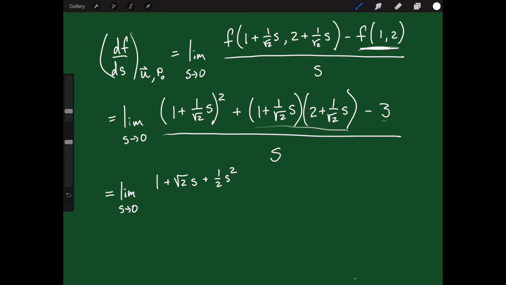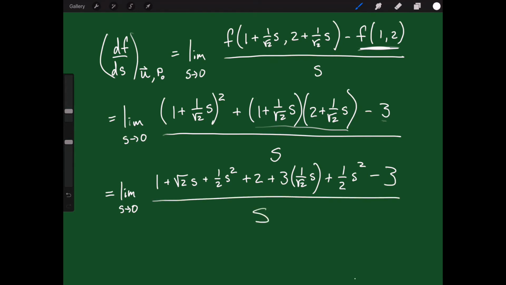I get 1 times 2, which is 2. I get 1 times 1 over root 2 s, and I get 2 times 1 over root 2 s, which is plus 3 times 1 over root 2 s. And then I take 1 over root 2 s times 1 over root 2 s, which is 1 over 2 s squared, minus 3, all over s.